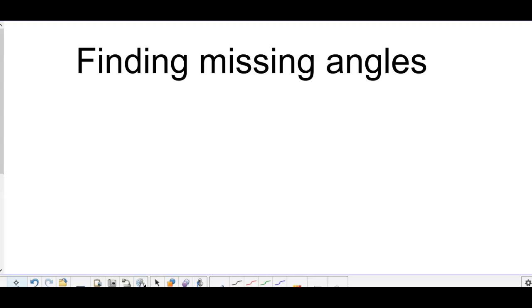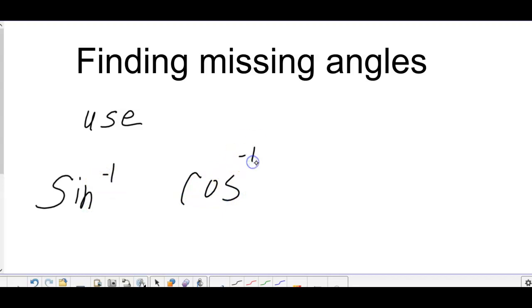So anytime you're trying to find a missing angle, you're going to use your inverse trig functions, which are sine inverse, cosine inverse, and tangent inverse. Whether you're using your phone, a scientific calculator, or a graphing calculator, find these trig functions on the calculator. On your graphing calculator, they're going to be right above sine, cosine, and tangent.